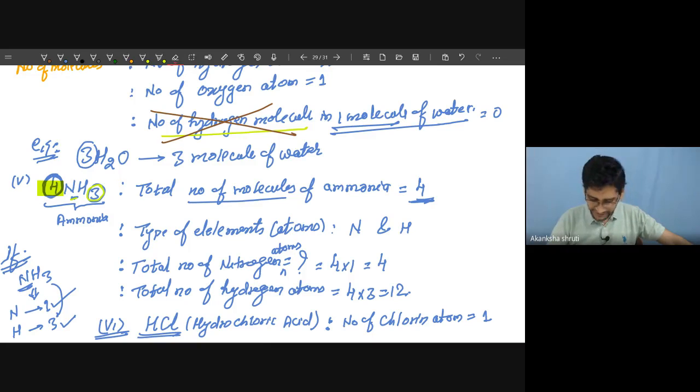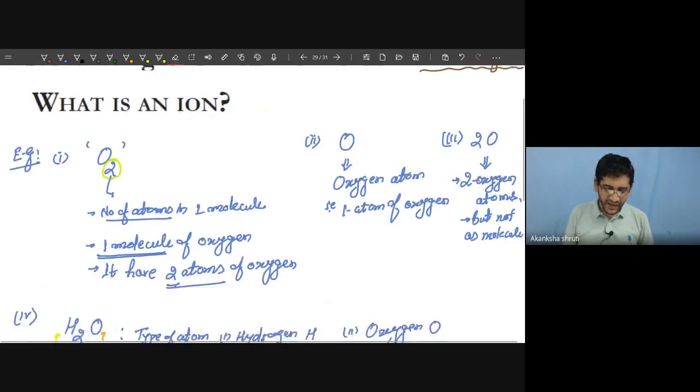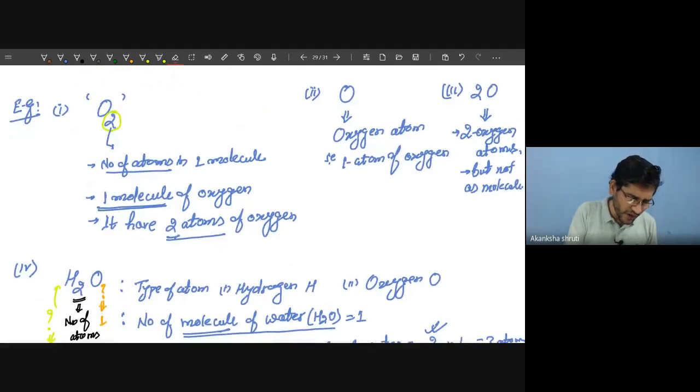Okay, this way. So we have learned, in a molecule, what we mean by the atoms present and what we mean by the total molecules. By considering these 4 examples, O2 is simply one molecule, but it contains 2 atoms. If only O is written, it represents an atom.